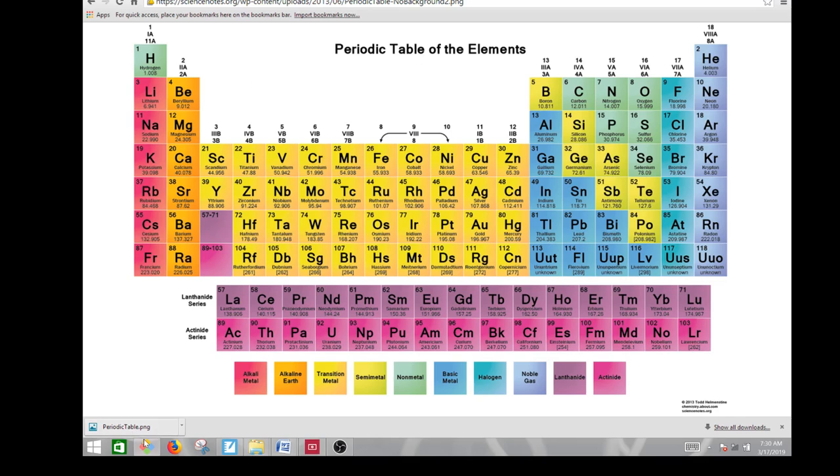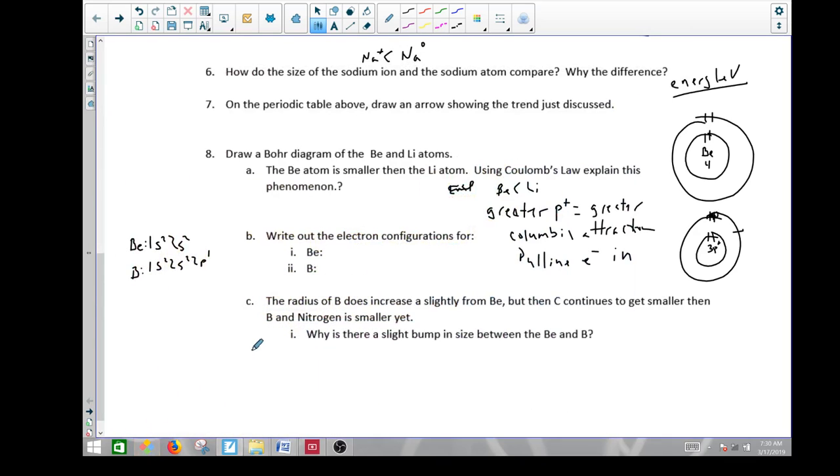And if you look at this case, the answer is the addition of a p orbital. Okay, that's it. For some reason, that addition of a p orbital causes a slight bump in the size. That's all we really have.